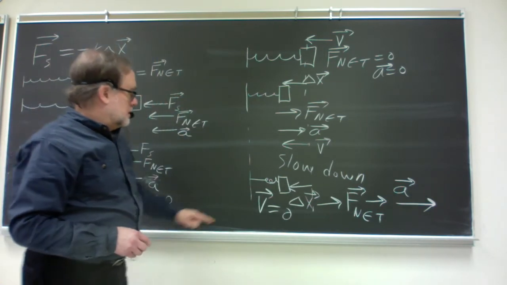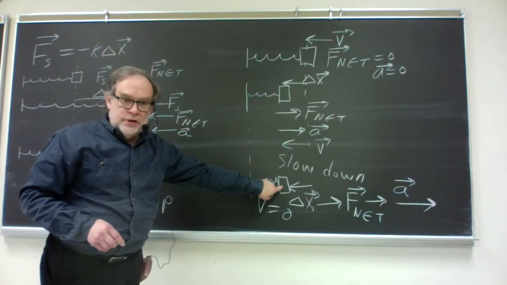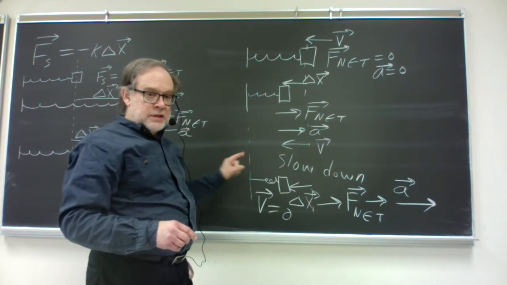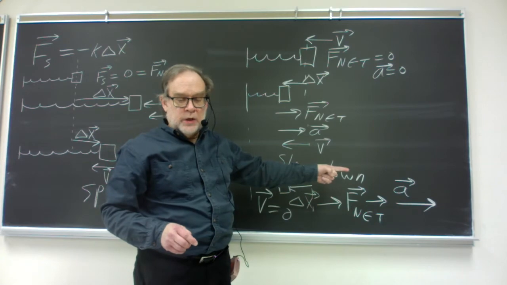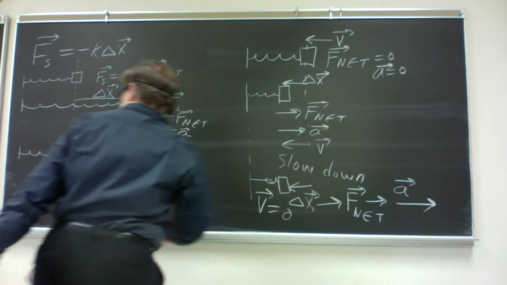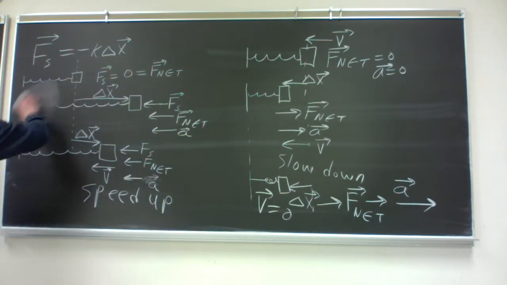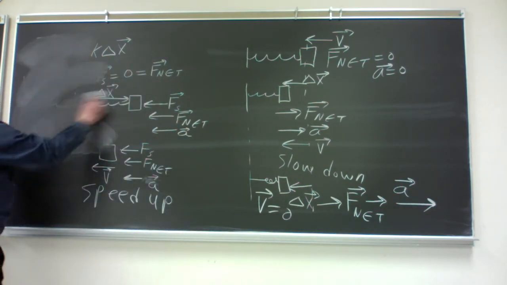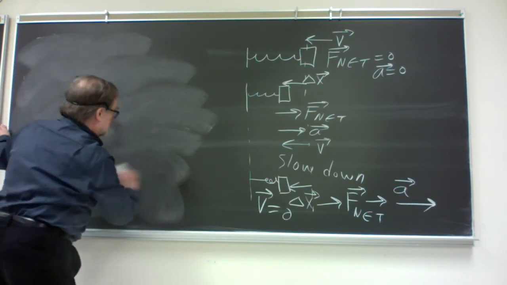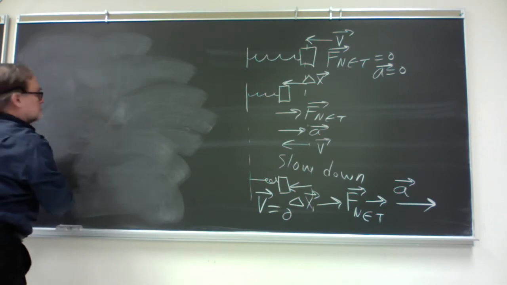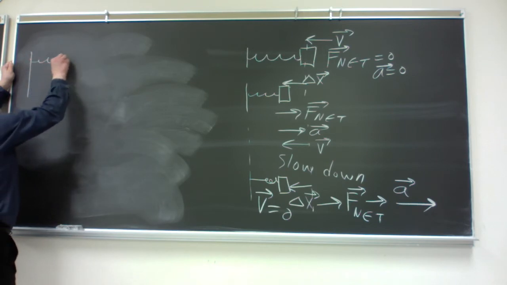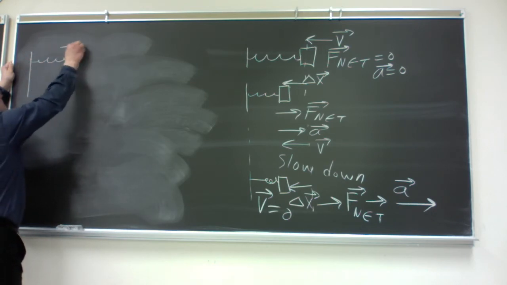So now let's see, what happens after this? The mass has, for one instant, come to a stop, but it still feels velocity and acceleration this way, so it starts to move this way.